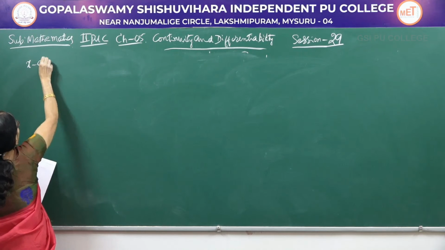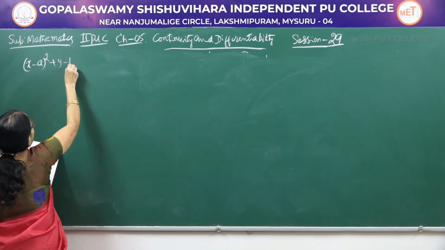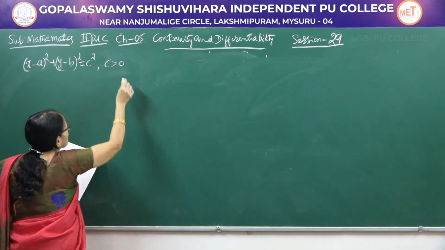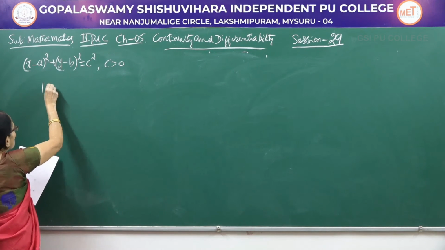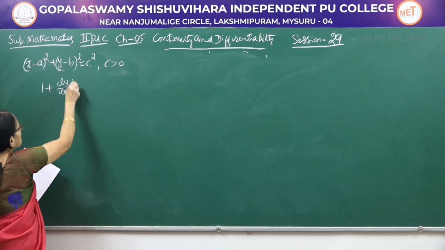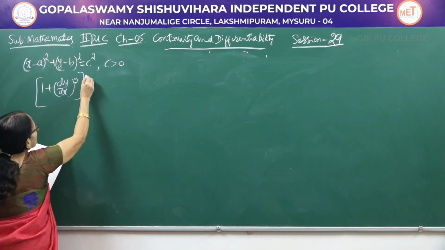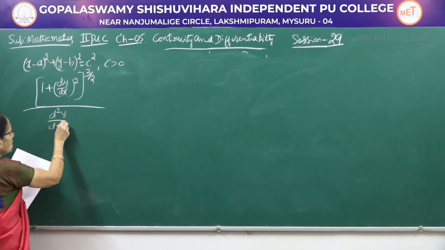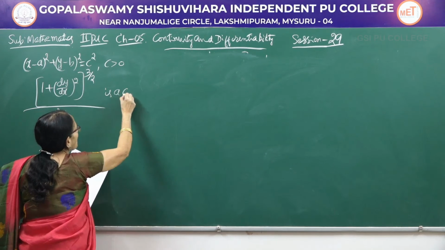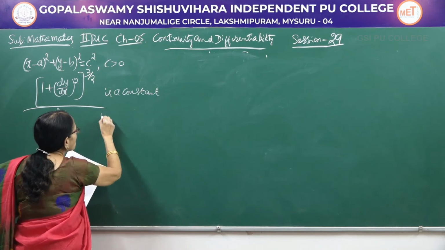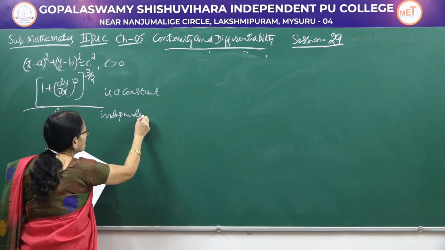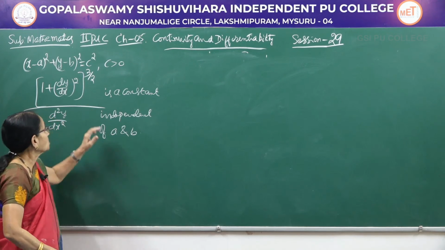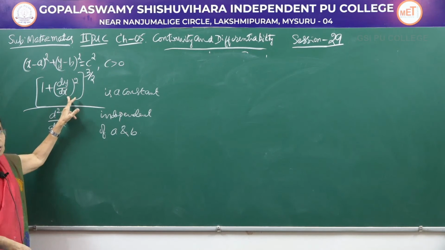If x minus a whole square plus y minus b whole square equals c square, where c is some positive constant, prove that 1 plus dy by dx the whole square, whole thing taken to the power 3 by 2, whole thing divided by the second derivative d square y by dx square, is a constant independent of a and b.